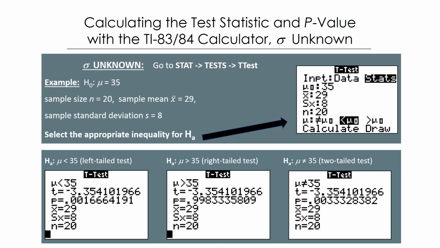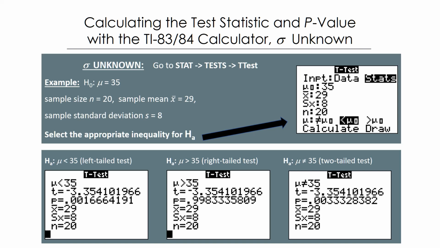These can all be calculated with the TI-83 or 84 calculator. In calculating the test statistic and p-value with sigma unknown, we use a t-test, which is under the Stat Tests menu on your TI-83 or 84 calculator.